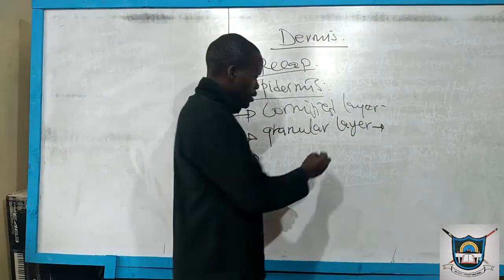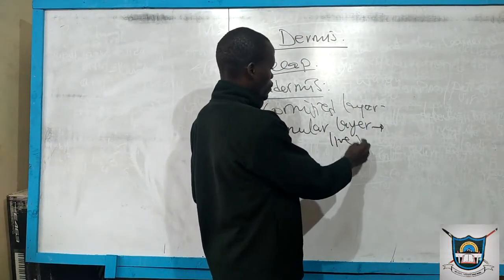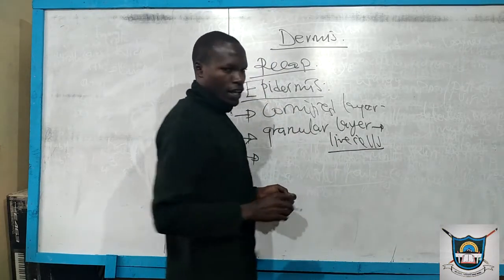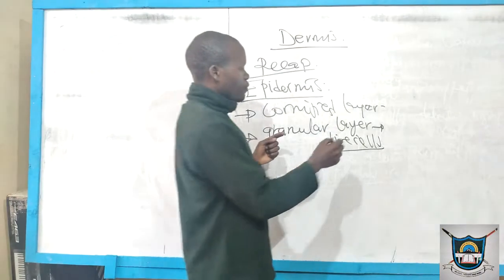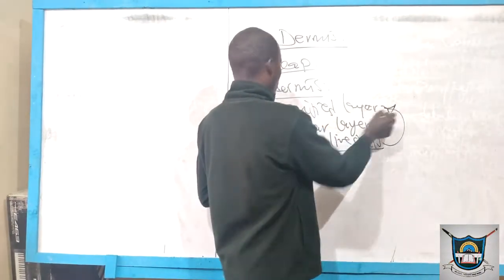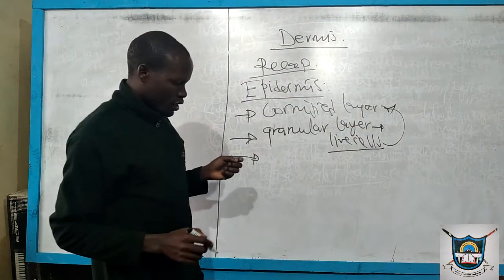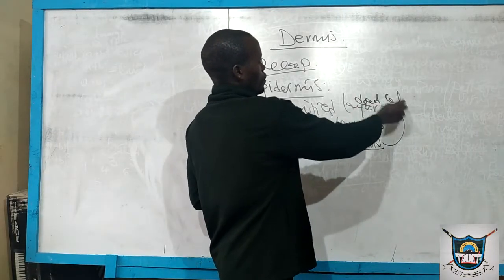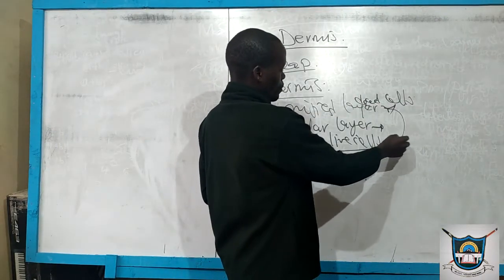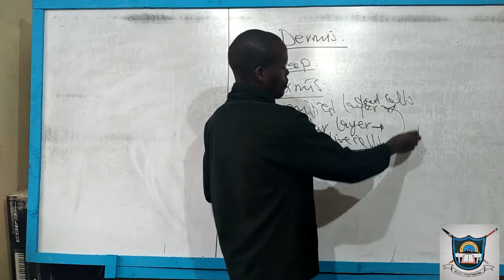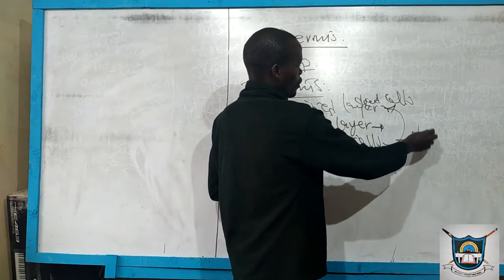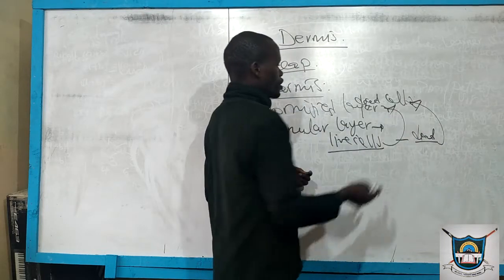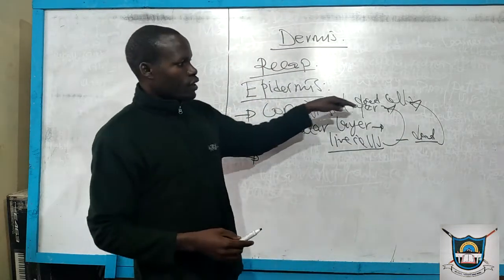And still, these live cells within the granular layer, in case they die, they form part of the first layer, which is the cornified layer. Remember the cornified layer, we said, has the dead cells. That means these live cells within the granular layer, the moment they die, are sent to increase the size of the cornified layer.